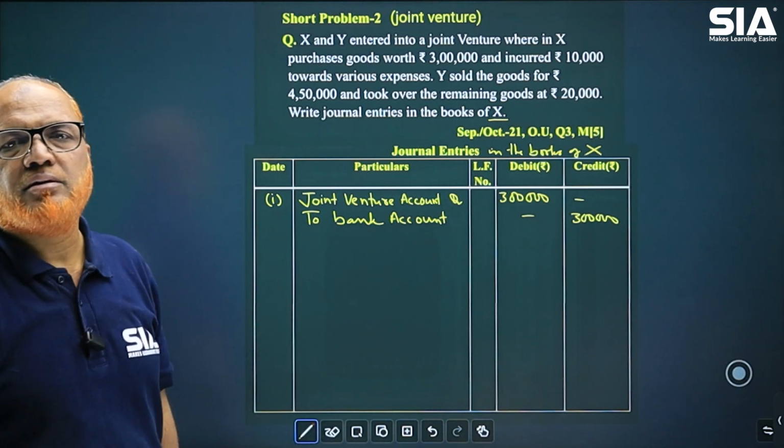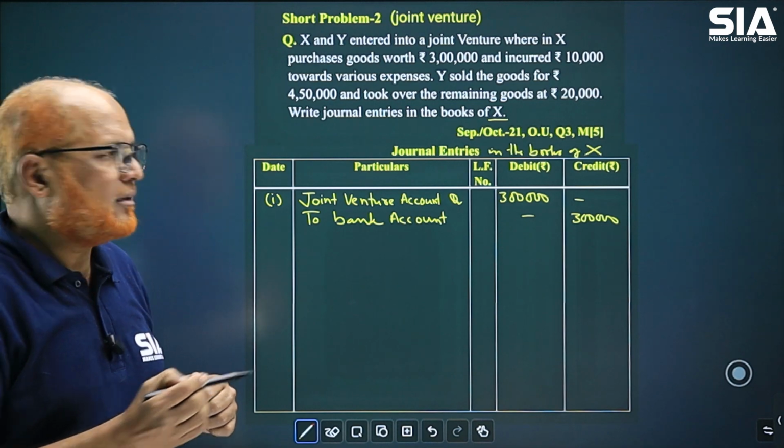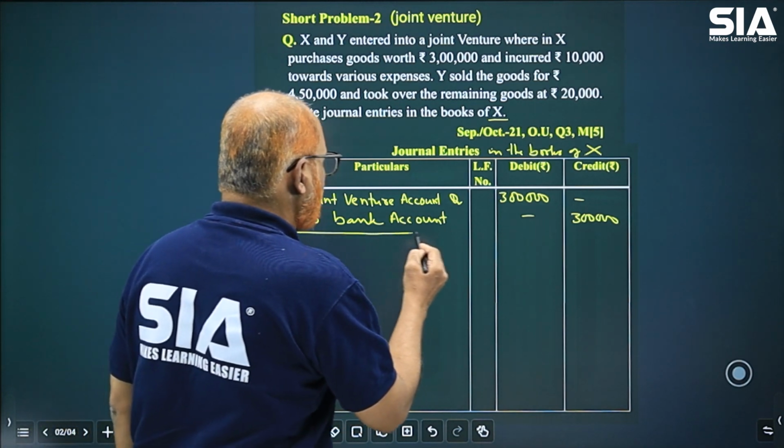Narration you can write: being the goods purchased for joint venture. So this is the first transaction.